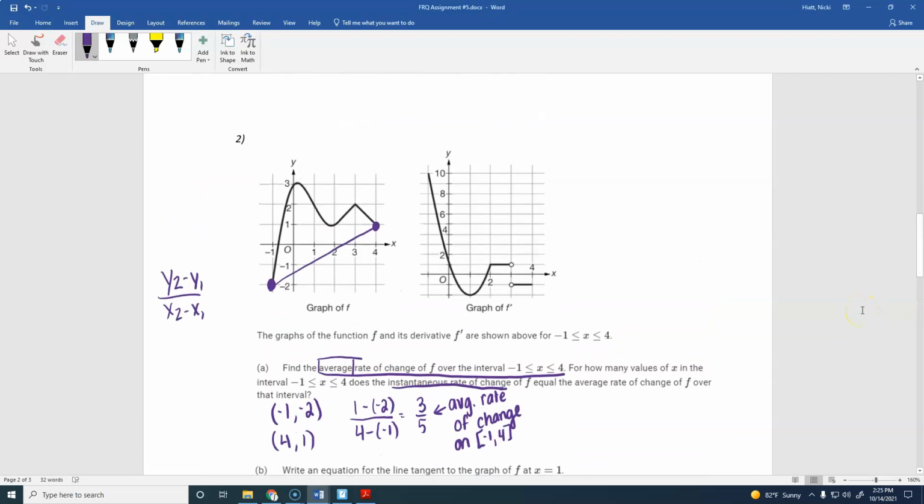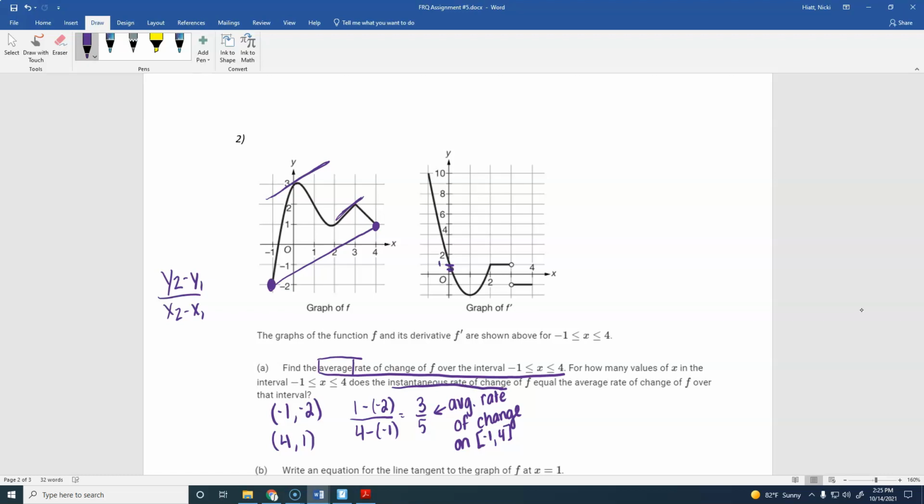The first way I was thinking about this is, where do I have a parallel tangent line? I drew it in right there, but that doesn't look perfect, but something like that. But there's an even better way, because they gave you the graph of f prime. On the graph of f prime, right here is 1, and 3/5 would be about right here.